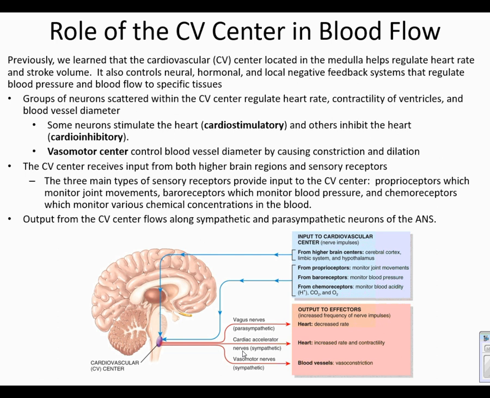Okay. Now, the activity of the cardiovascular center is not just going to be out of nowhere. It's going to be a direct result of input. Because as we know from feedback, thinking back all the way to the beginning of the semester, we have sensors, or receptors, as we like to call them.